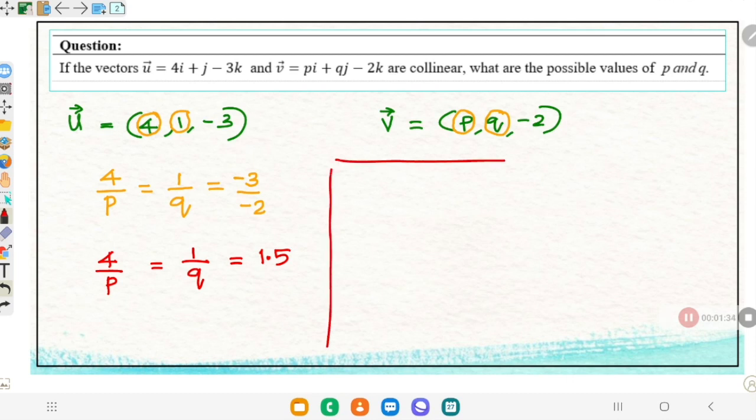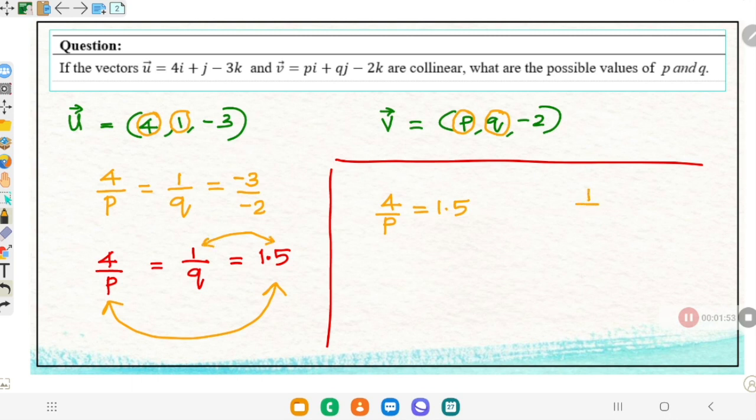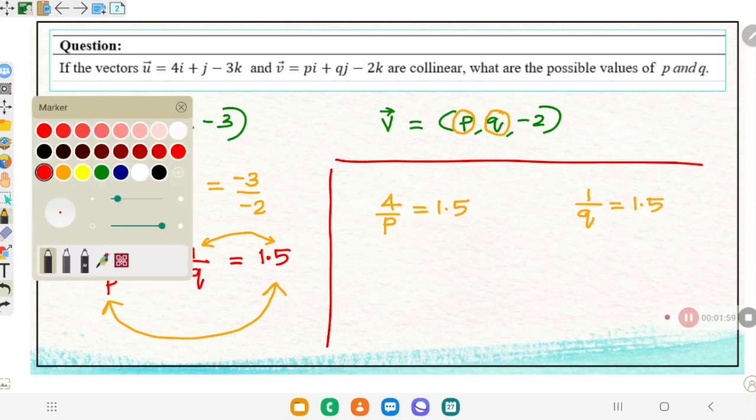Now from this ratio, take the first one with the last one, okay? That means 4 divided by p equals 1.5. And in the same way, the second and the last you can take together: 1 over q equals 1.5, okay? So from these two you will get the p and q values.